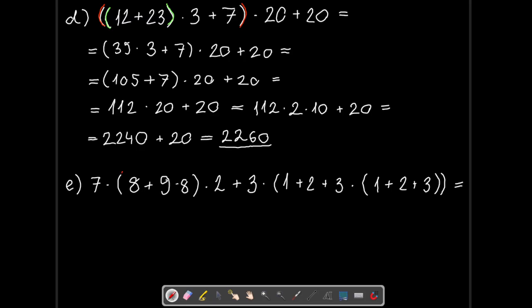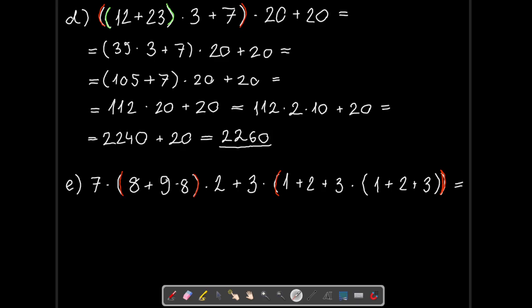So we can solve this bracket first here, and must solve this bracket first. And okay, the first bracket will be very simple. The first red bracket.